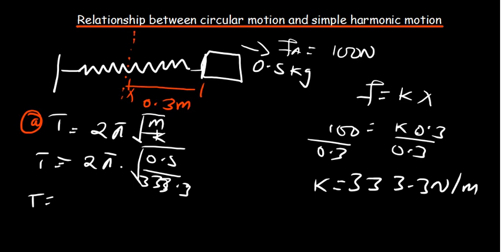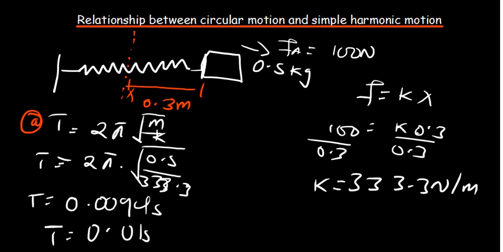I'm getting the period as 0.0094 seconds. Or we can say the period is equal to 0.01 second.